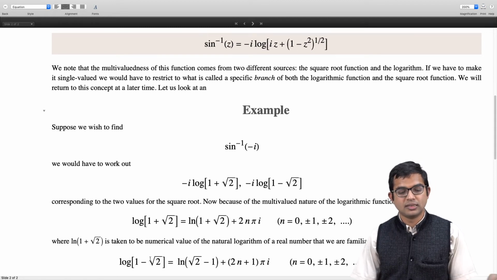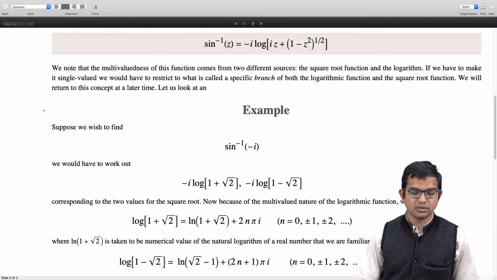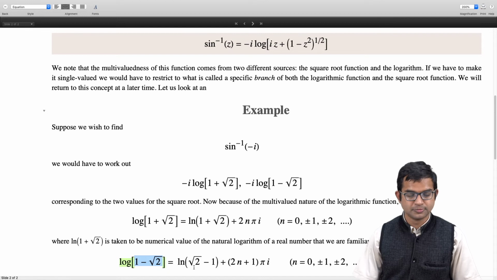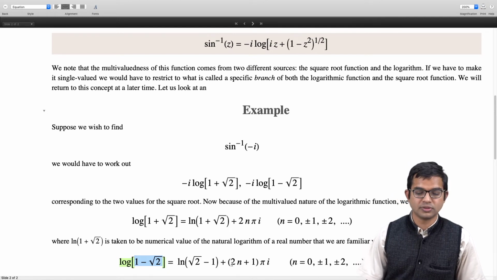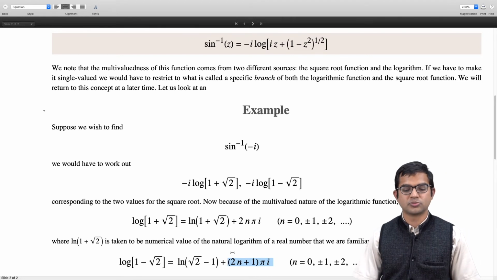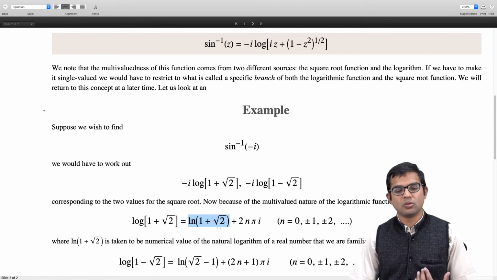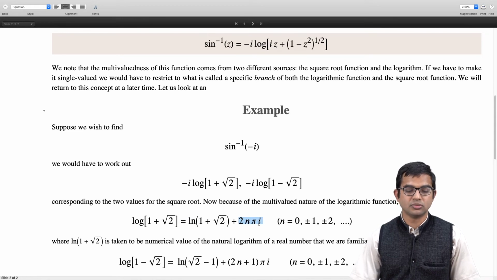And then you apply the rule that log of some quantity times some other quantity is log of the first quantity plus the log of the second quantity, where log of minus 1 will be just (2n plus 1) times pi i. In fact, even here you can think of this as log of 1 plus root 2 times 1, which is log of 1 plus root 2 plus log of 1, and then log of 1 is actually 2n pi i. It's not just 0, right? So it's a multi-valued function.